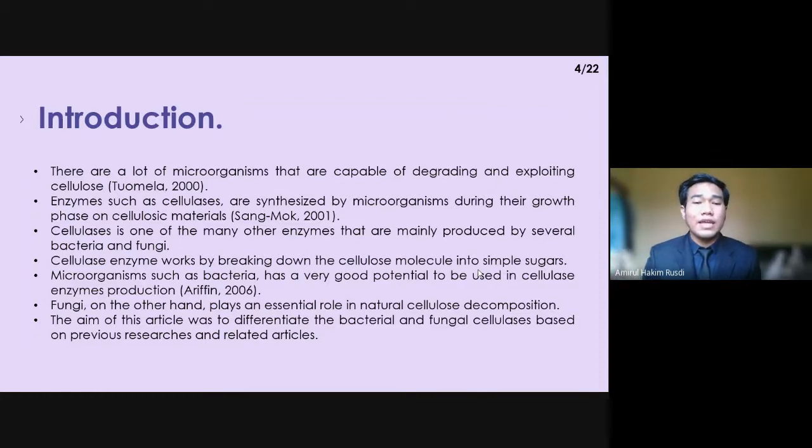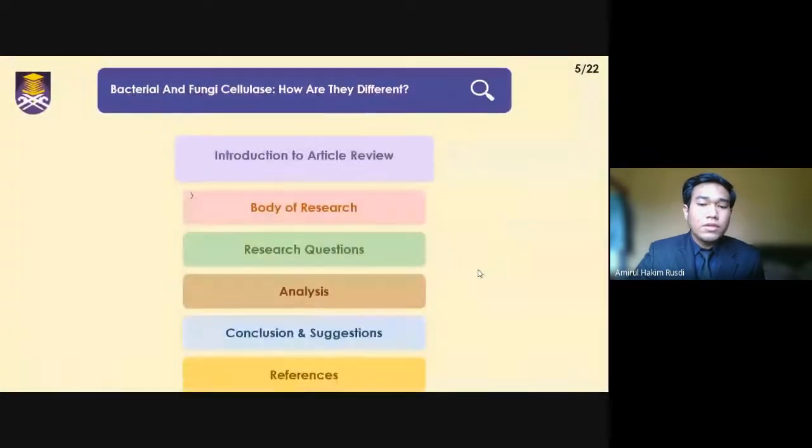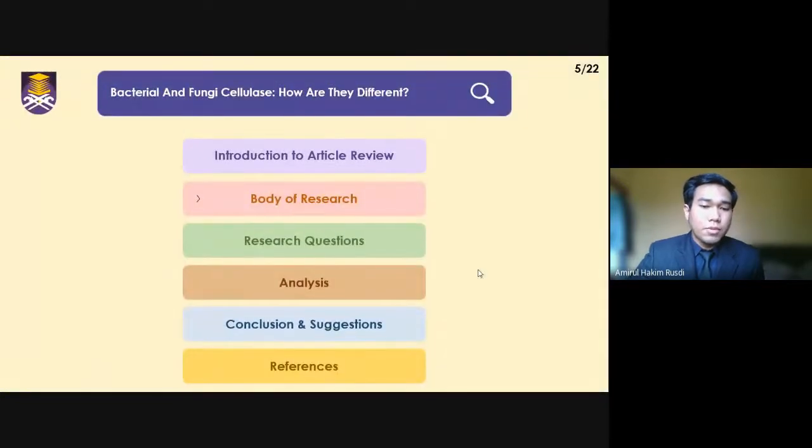Fungi, on the other hand, play an essential role in nature's cellulose decomposition, being responsible for 80% of the cellulose breakdown in forest ecosystems. The aim of this article was to differentiate the bacterial and fungal cellulases based on previous research and related articles. Moving on to the next part, which is the body of the research.